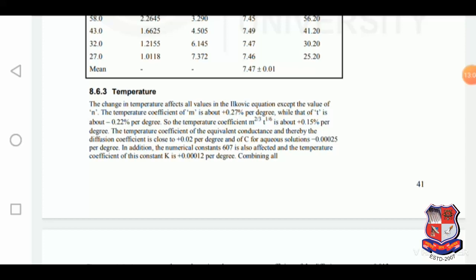The temperature coefficient of the equivalent conductance, and thereby of the diffusion coefficient, is close to plus 0.02% per degree, and that of capital C for aqueous solution is minus 0.00025 per degree. In addition, the numerical constant 607 is also affected, and the temperature coefficient of this constant K is 0.00012 per degree.